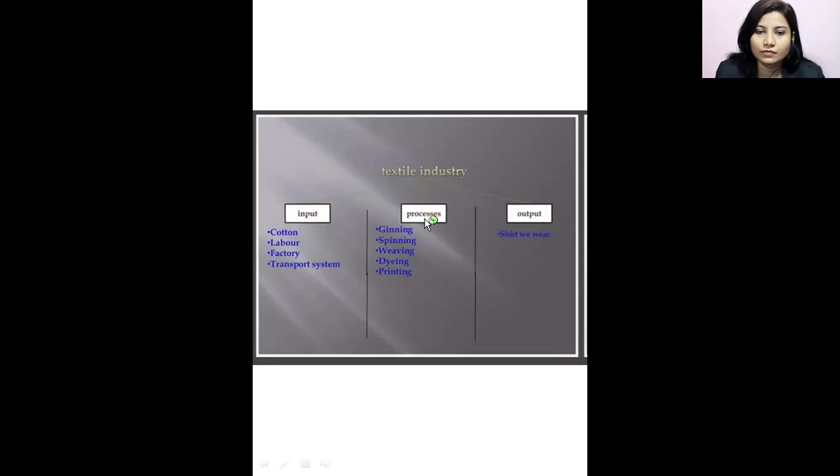After this process, we get the proper product, maybe the shirt we wear or other clothes, maybe for women, men, or kids. So all these inputs are required, then they are processed, and then we get the output in the textile industry.